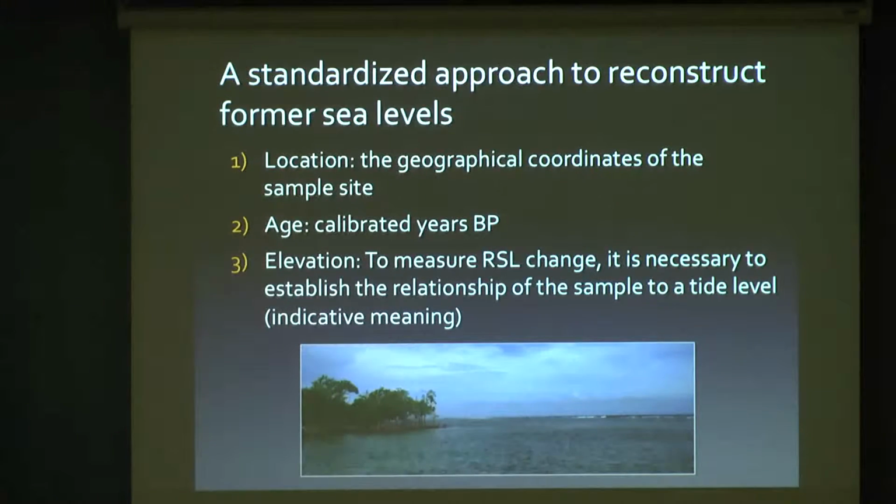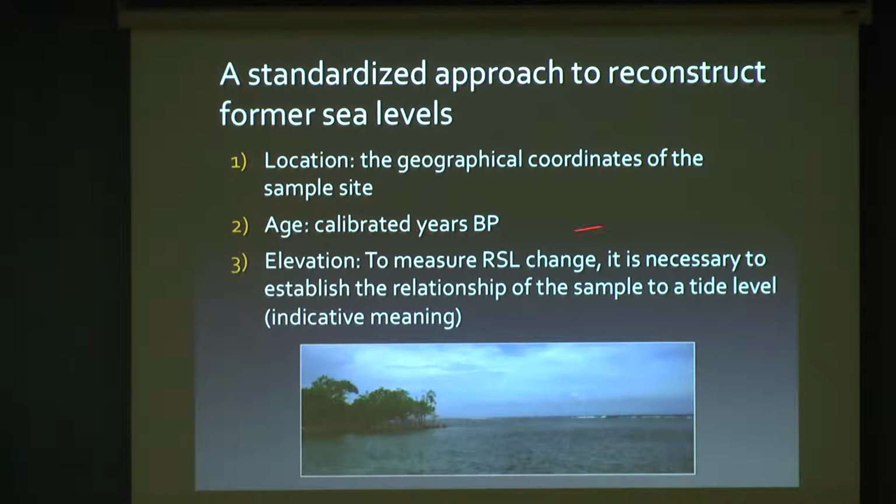So how do we reconstruct changes in sea level? Well, we need to follow a standardized approach so that we can make comparisons from different sites across the globe. And so we follow an approach that was developed in the International Geological Correlation Programmes from the 1970s to present, where each sample, or each sea level index point or data point, must have the following three pieces of information known.